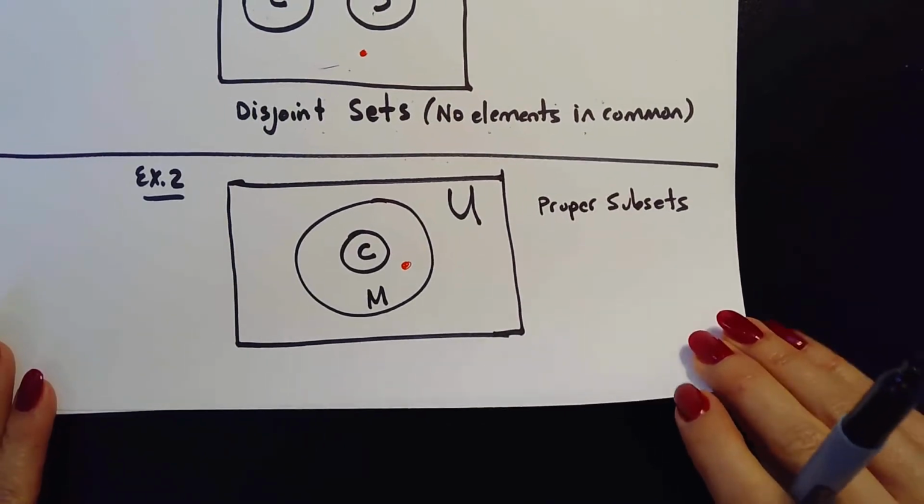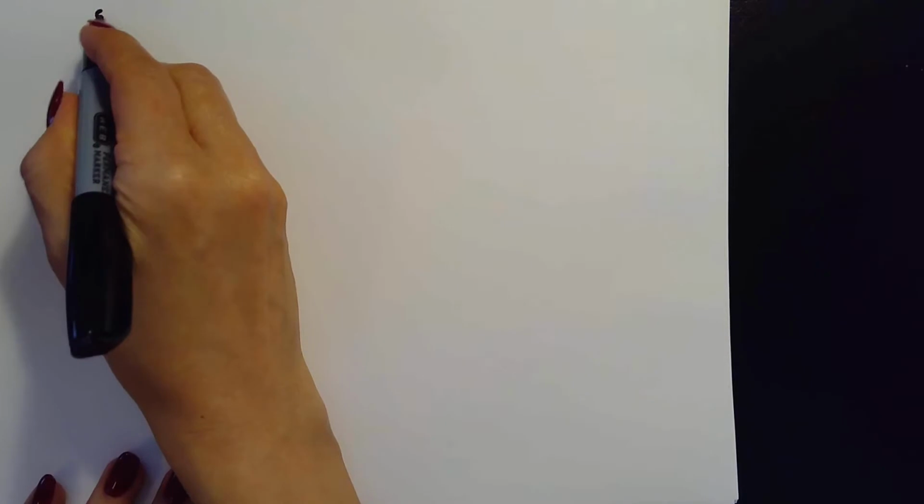Okay, let's move on to example 3. Let me get a clean sheet of paper here and get everything organized. I have to look at the screen to make sure that you can see everything. Okay, so example 3.